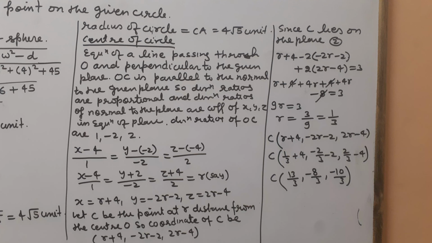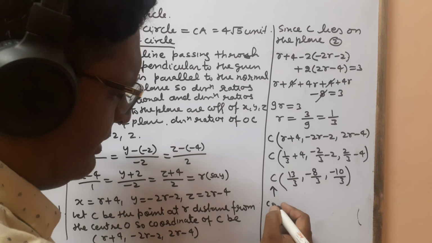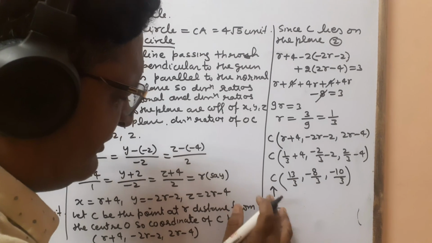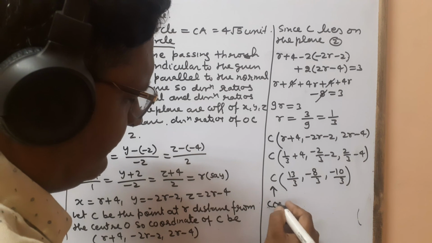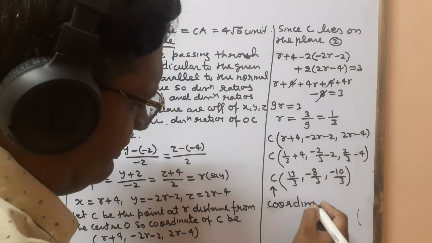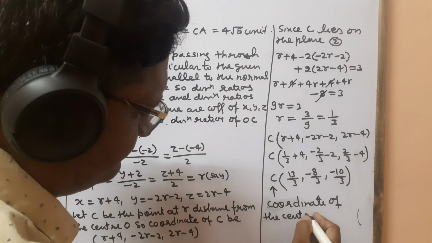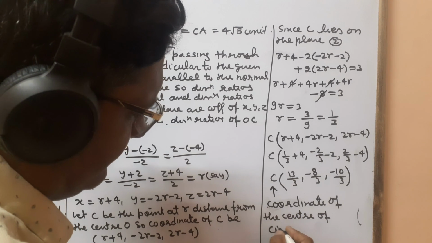And the radius of the circle is 4 root 5. So here C is the coordinate of the center of the circle.